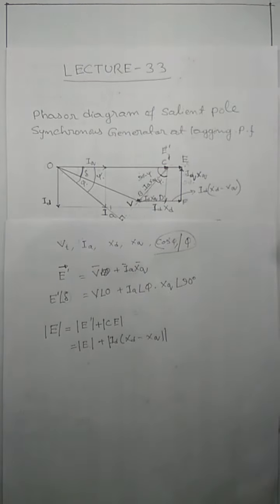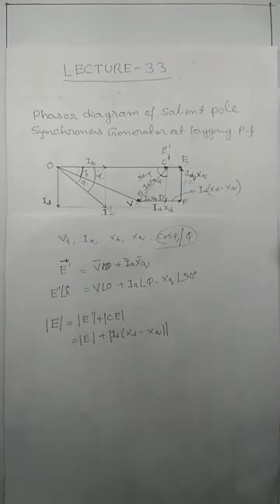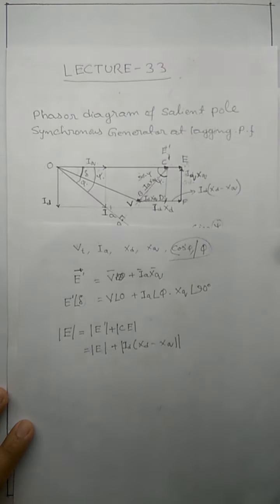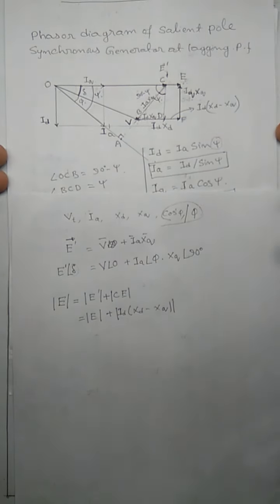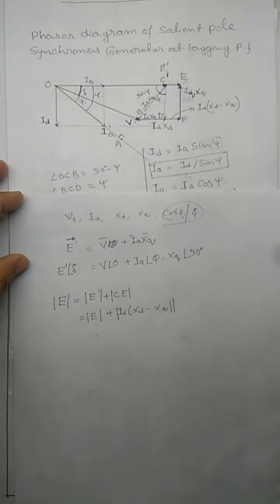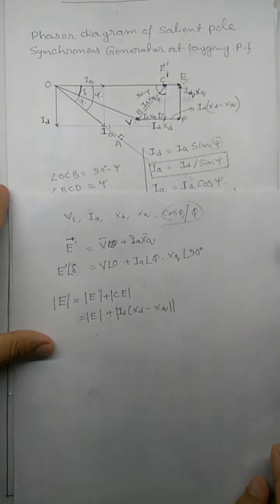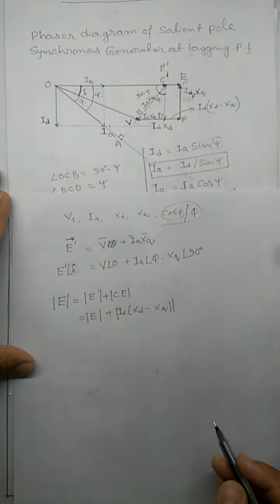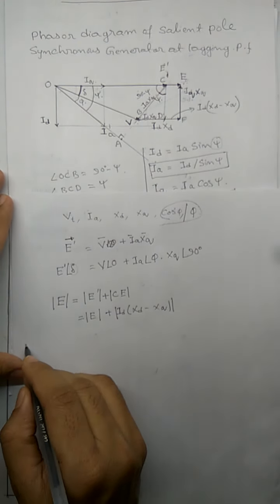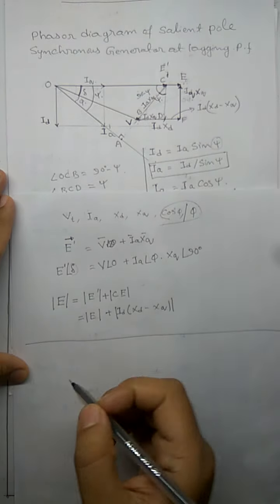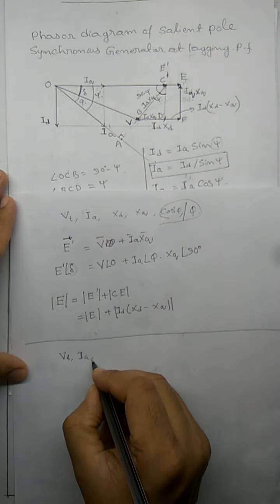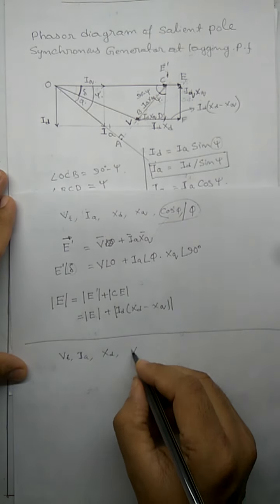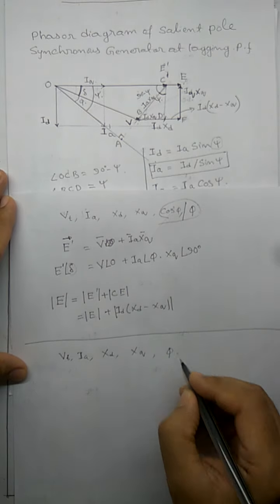Now let's again repeat what I have said. The problem that we are discussing is to find induced EMF E in a salient pole machine. So what are the steps of doing this? The steps are simple, but we need to understand why we are doing this. So in the problem, what will be given? A terminal voltage Vt will be given, current Ia will be given, the reactance XD will be given, the reactance XQ will be given, and the power factor will be given.